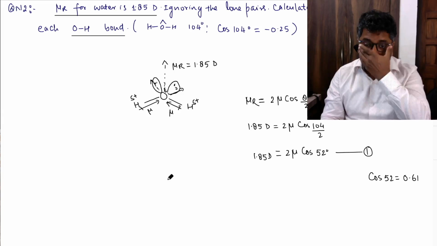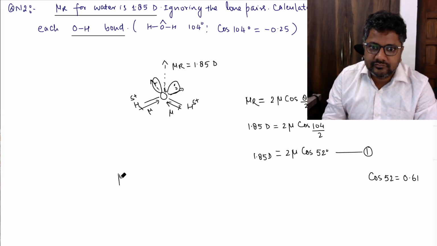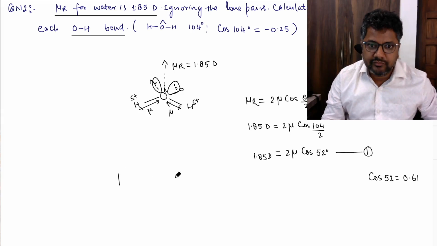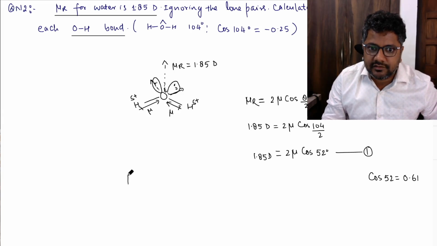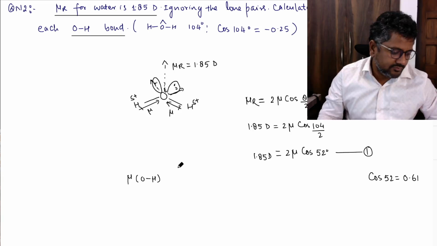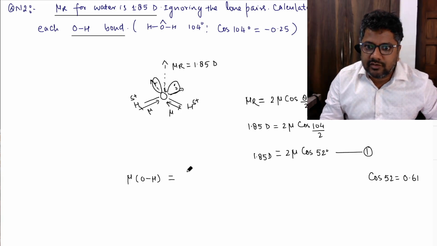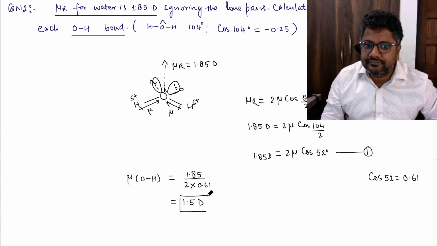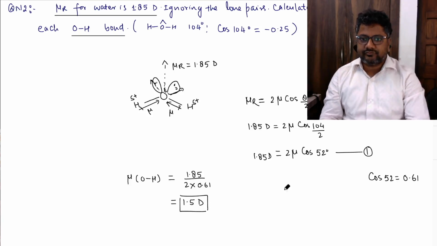So we can write here that mu is basically the bond dipole of the OH bond. This is equal to 1.85 divided by 2 into 0.61. So you will get 1.5 Debye. So this is the answer, right?